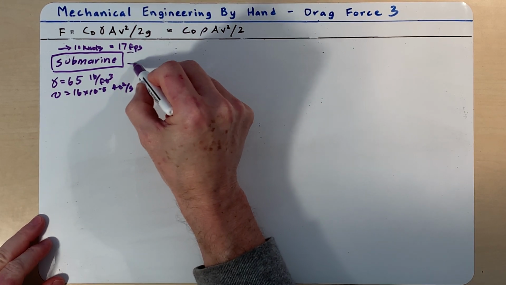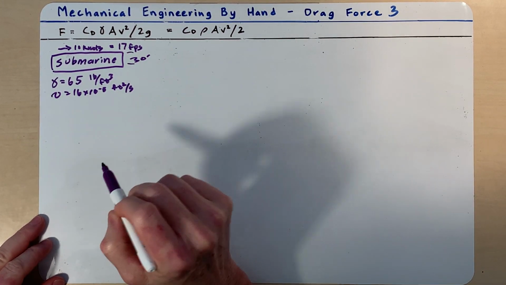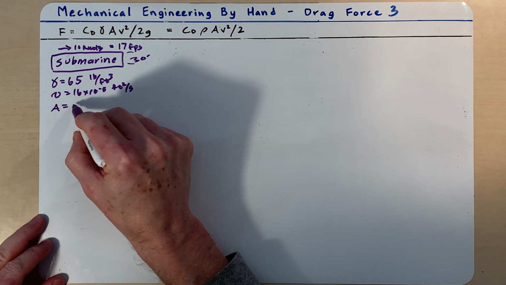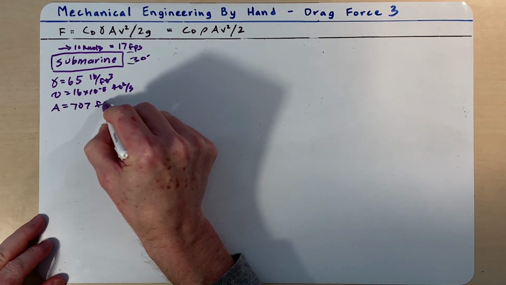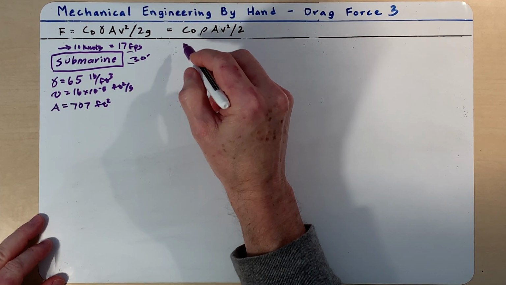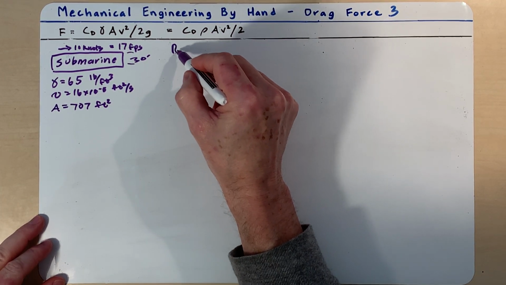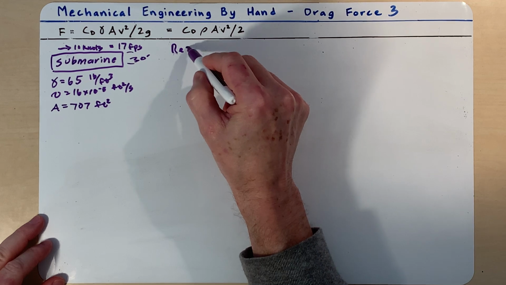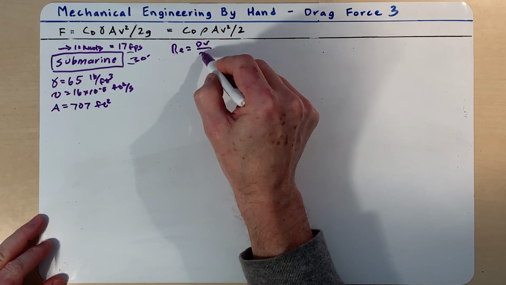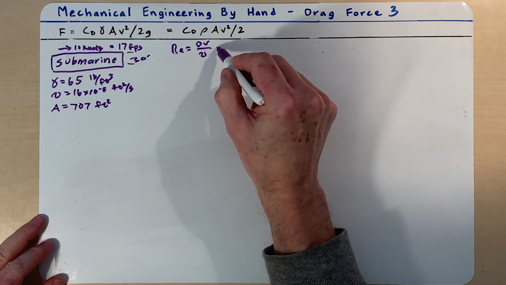Let's say our submarine is 30 feet in diameter, and so that would make the frontal area 707 feet squared. Now we need to calculate the Reynolds number to look up the drag coefficient. So that would be diameter times velocity over the kinematic viscosity.